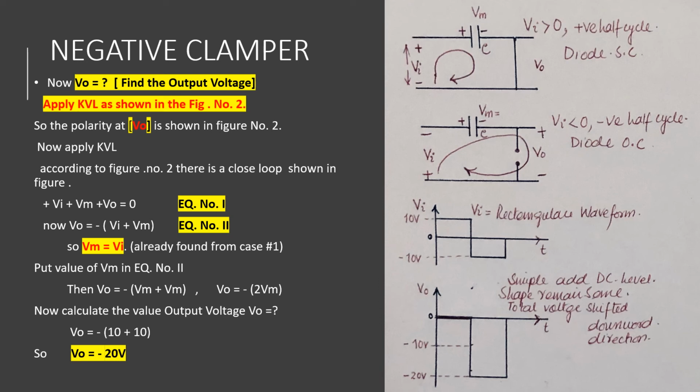But when you see the output voltage Vout in the negative half cycle, all the DC level is shifted downward. So the total voltage from 10 volt positive to minus 10 volt is 20 volts. Now all this 20 volt is shifted in the negative half cycle in the downward direction, so it is minus 20 volt.